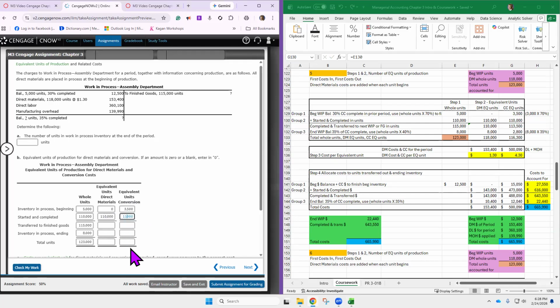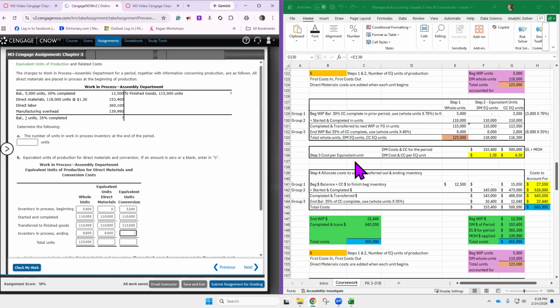I left out a 0 there. Okay, we just add down. By the way, that's why there's an equal sign there, and then there's an equal sign there. So that's supposed to help direct you with what to do. Now we're going to add down. Okay. And then the inventory in ending is all of them. All of them have received their direct materials.